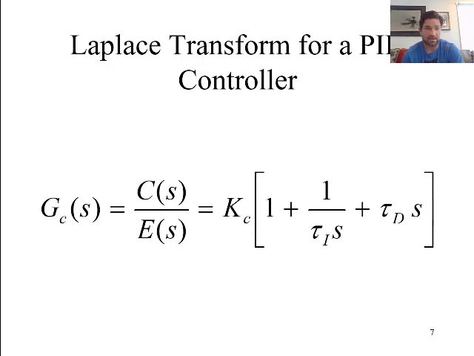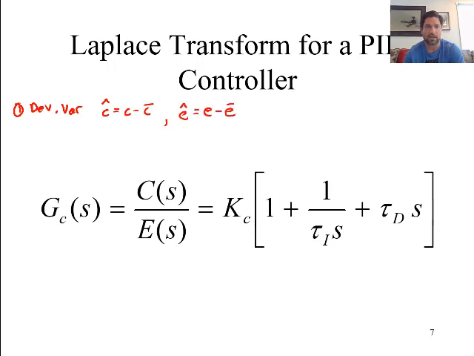Remember, the first thing that we did is we went to deviation variables. To put things in deviation variable, we defined C equals C minus C bar. We also defined the error as E minus E bar.